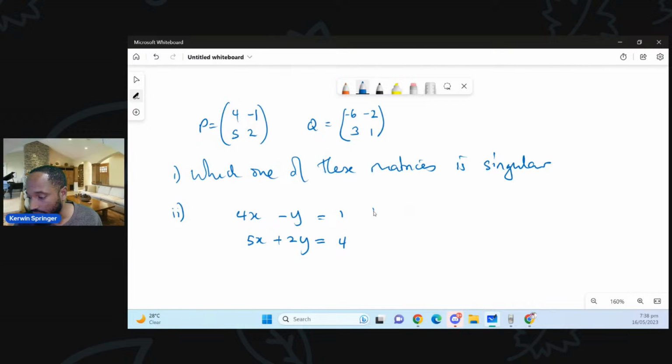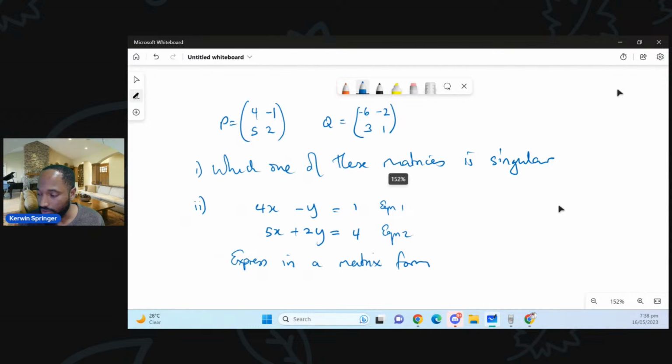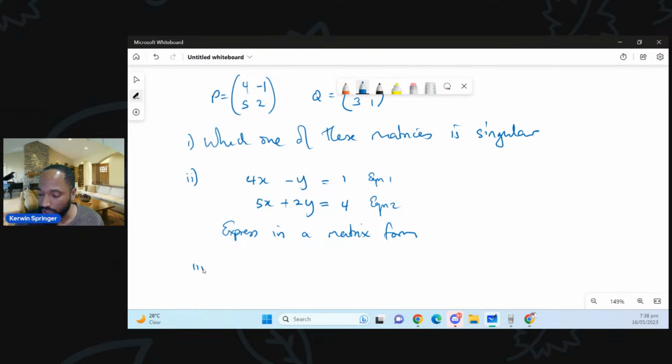So they will say express the system of equations in a matrix form, and then hence solve using a matrix method.